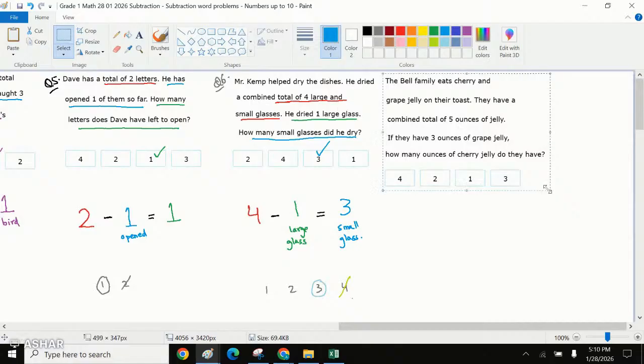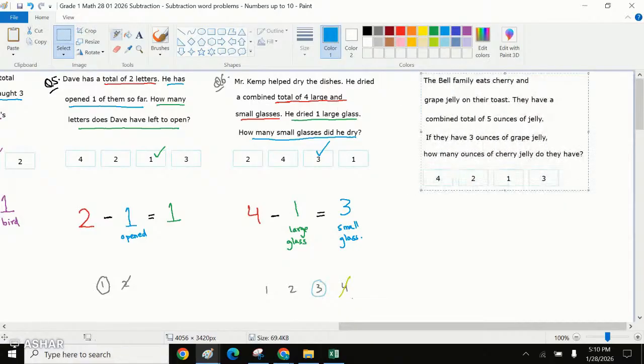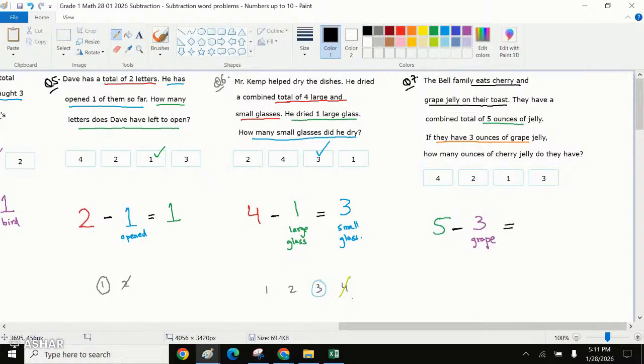Okay, the question says the Bell family eats cherry and grape jelly on the toast. They have a combined total of 5 ounces of jelly. That means the total was 5 ounces of jelly. If they have 3 ounces of grape, then how many ounces of cherry jelly would be there?